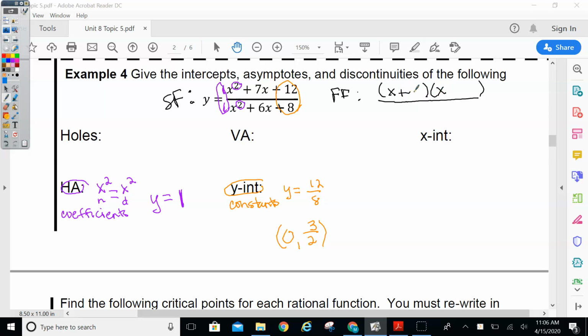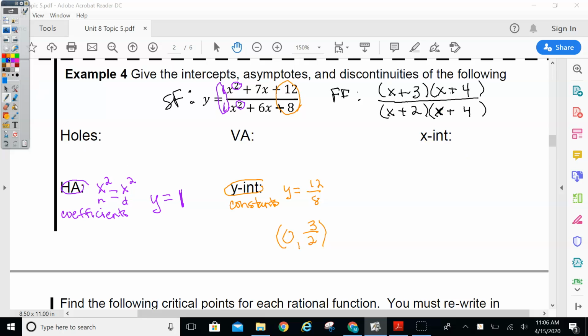And that's going to be 3 and 4. So +3, +4. And we do the same thing for the denominator. Factors of 8 that add to 6. So factors of 8 are 2 and 4. To make positive 8, they both got to be positives. Alright, so here's our factored form.